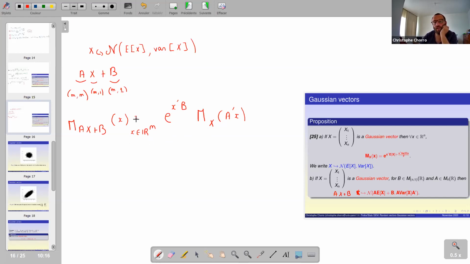This equality is always true once the moment generating function exists.